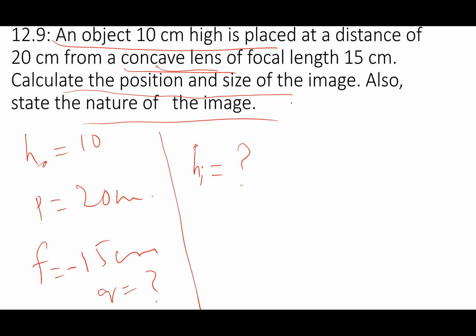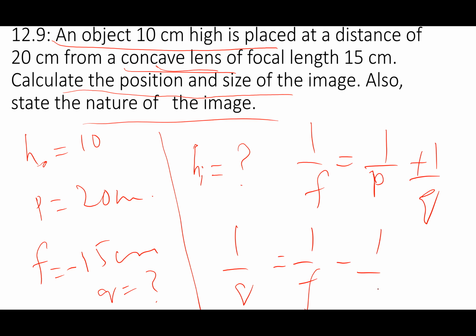Now use the formula 1 by f is equal to 1 divided by p plus 1 divided by q. We have to find q. So 1 by q is equal to 1 by f minus 1 by p. Simplify, you will get the answer of q. You will get q is equal to minus 8.57 centimeter.